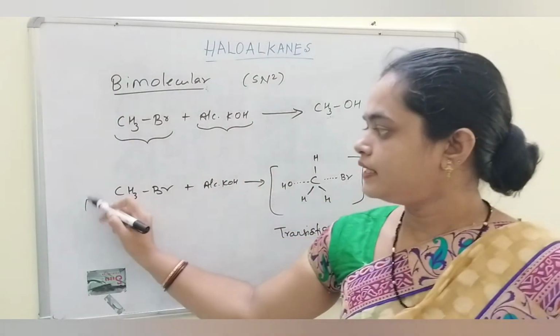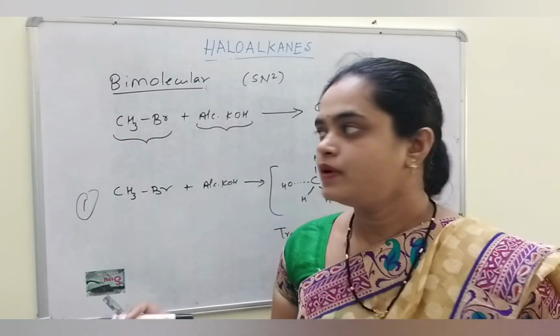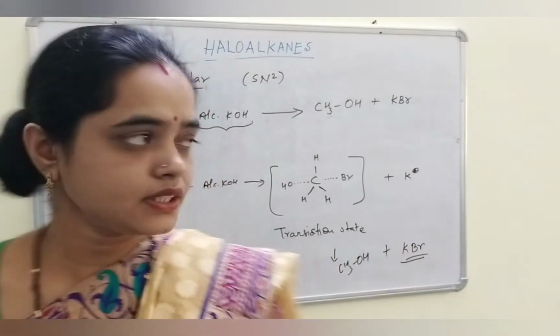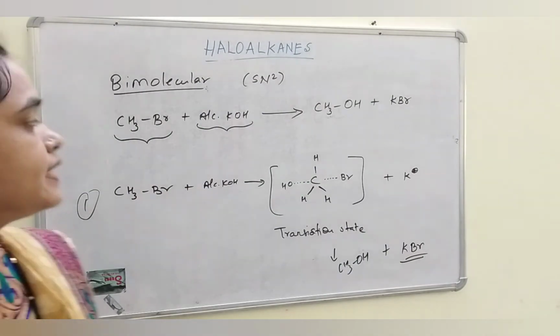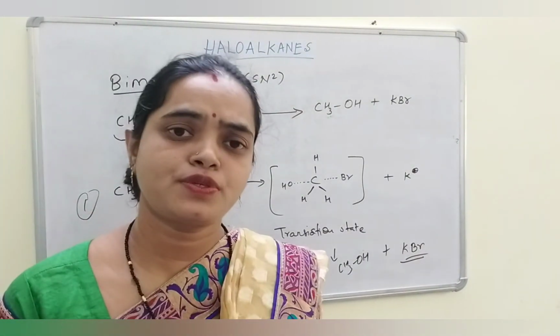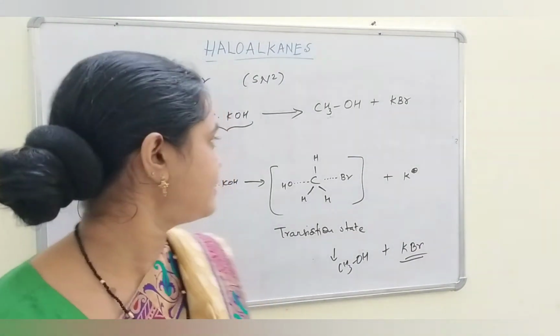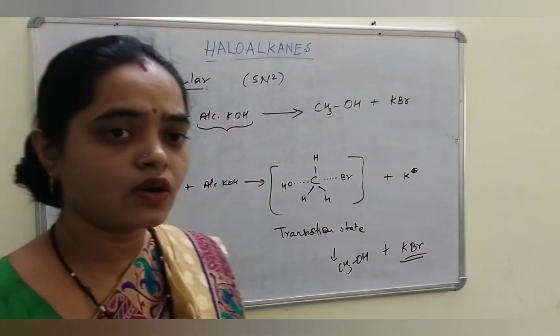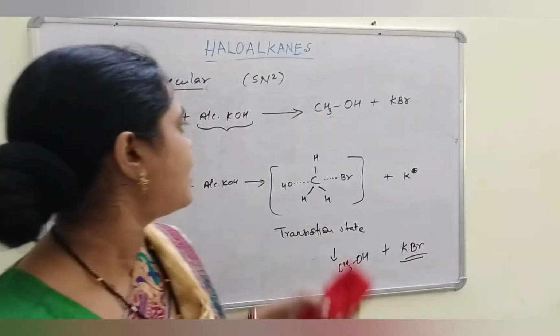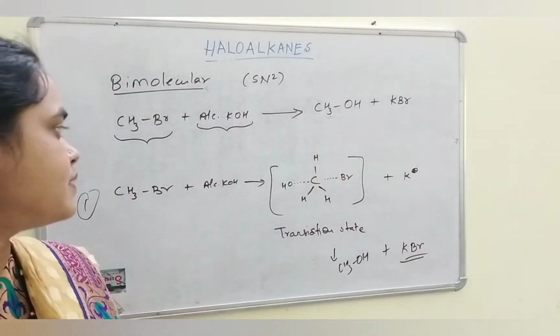This occurs in only a single step. So that is the bimolecular nucleophilic substitution reaction, which follows second order kinetics. When alkyl halides are treated with alcoholic KOH, they form alcohols and KBr is removed.